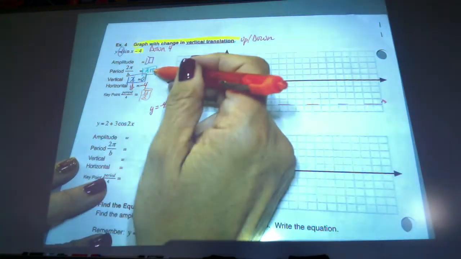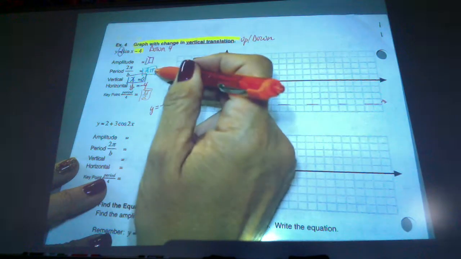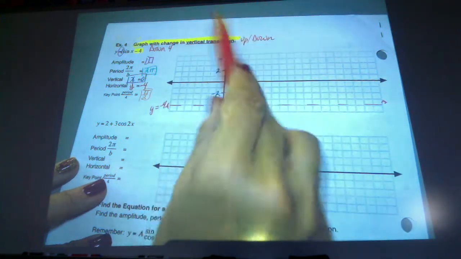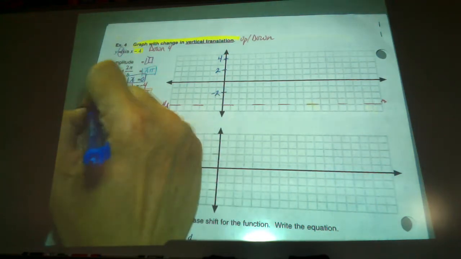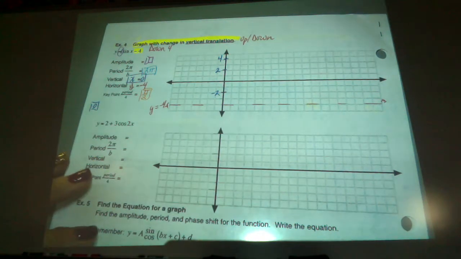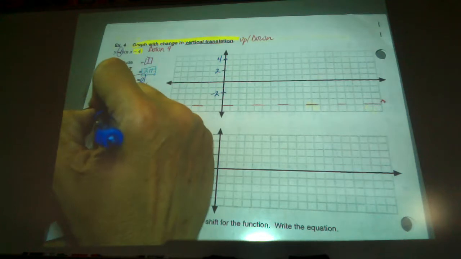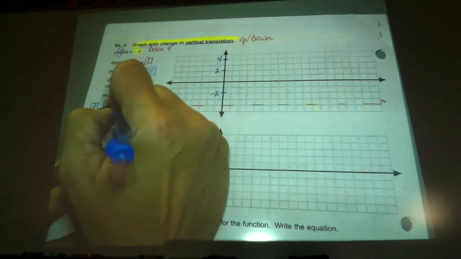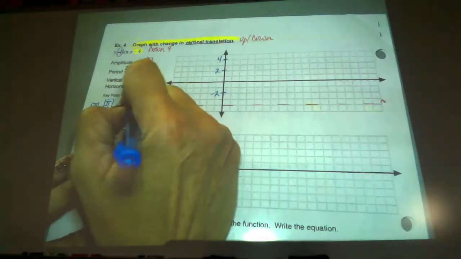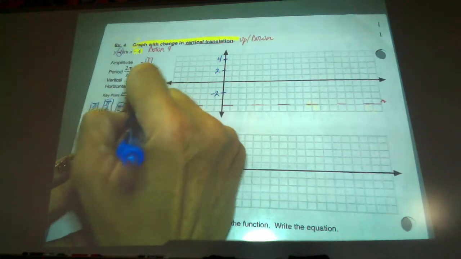And then since it's pi over 2, and our period is 2 pi, and our vertical hasn't changed, what's our starting point? 0. And don't we already know the key points? Aren't they the points around the unit circle? Do we have to calculate them at this point? No, right? So think about what's around the unit circle. 0, pi over 2, pi, 3 pi over 2, 2 pi.